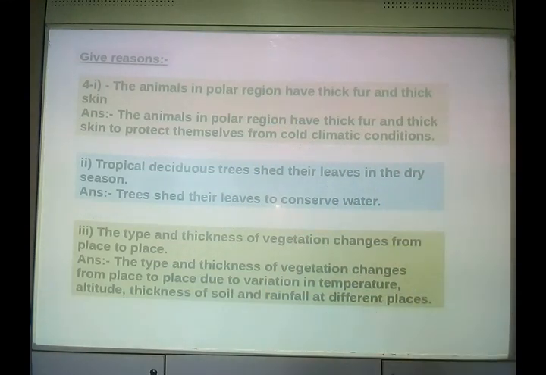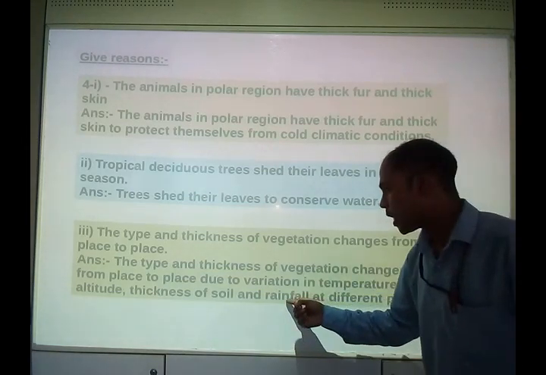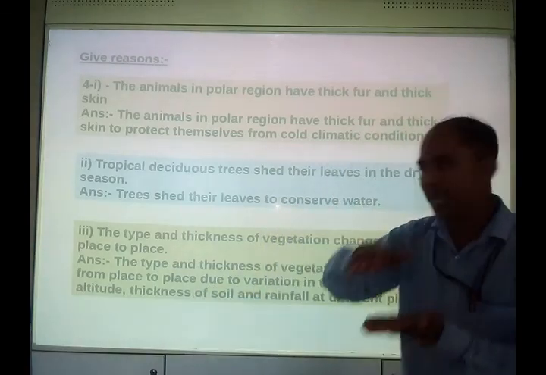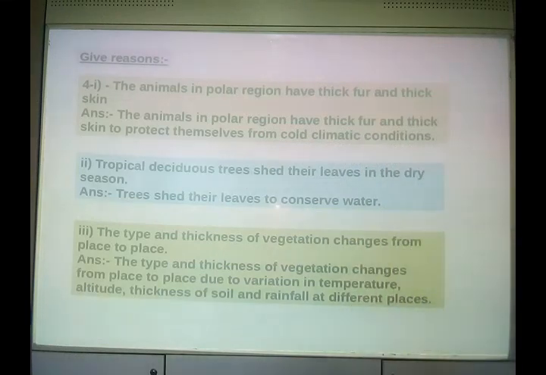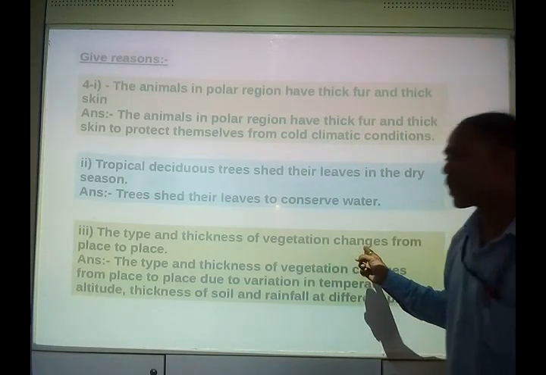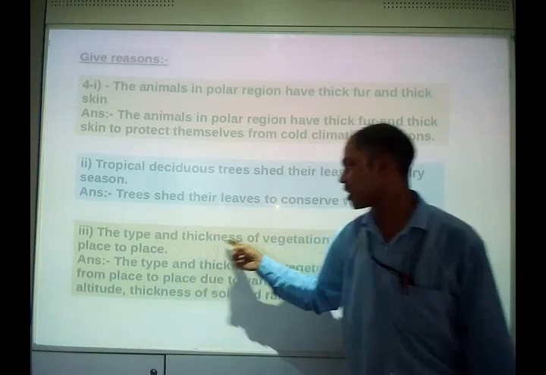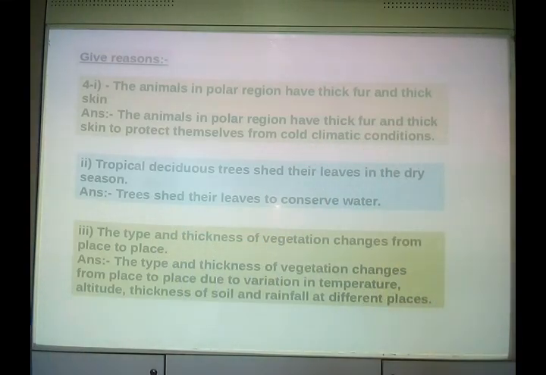That's why the type and thickness of vegetation varies from place to place. Clear? Because the physical climatic conditions or physical features like temperature, rainfall, thickness of soil, altitude become different at a different place. That's why there is a change in the type and thickness of vegetation.